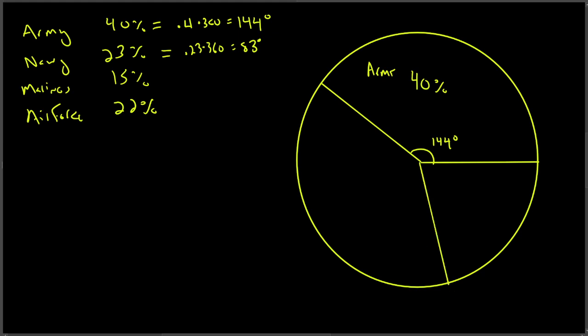Come down here, and that's 23%, and that's the Navy. Again, most of the time you'll make these charts using pie charts in Excel, and it'll calculate the percentages for you. Then I need the Marine Corps, which is 0.15 times 360, or approximately 54 degrees. And then the Air Force, 0.22 times 360, which is 79 degrees.